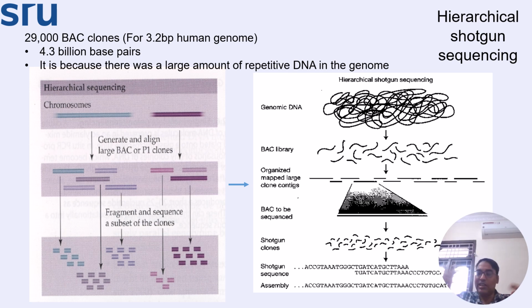Once I'm getting all these shotgun clones properly, I can get the entire sequence of all these fragments. And now I need to link these fragments. Understand it properly: the genomic DNA I'm taking, I'm cutting it at several different places, and all these parts I'm putting in bacterial artificial chromosome clones, building a library, and then sequencing all of it.